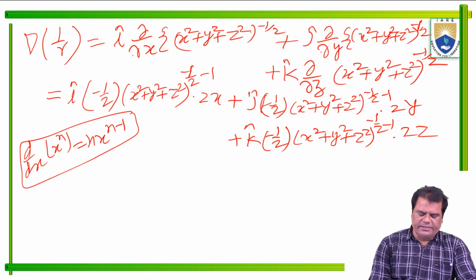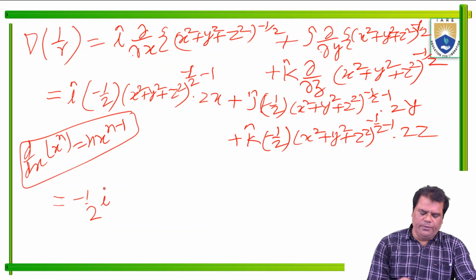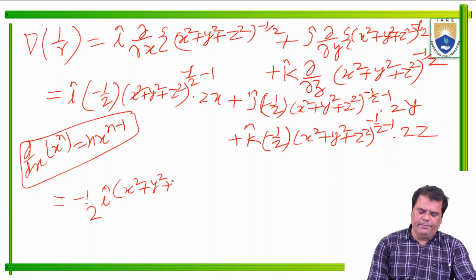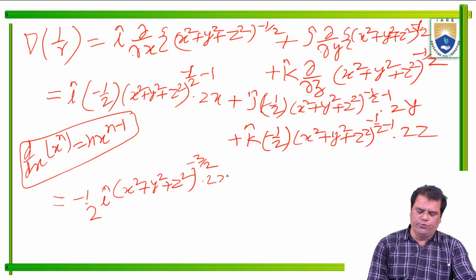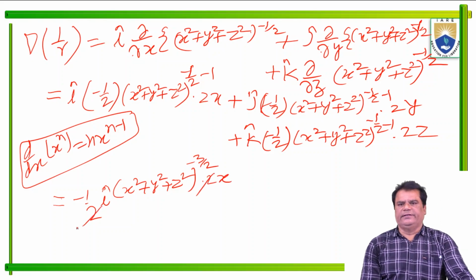So now after simplifying, minus half i, and (x square plus y square plus z square) to the power minus 3 by 2 into 2x. The 2 is cancelled.